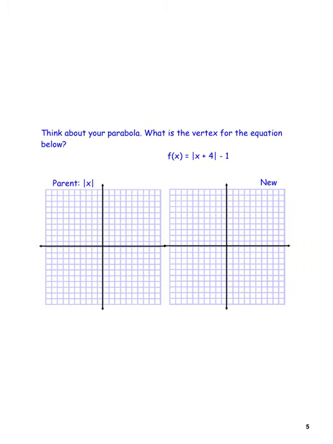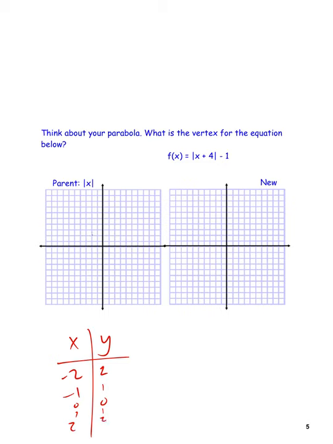Here's another parent function. This is the absolute value of x. And again, the absolute value of x, if I had to graph this, if I put in the points -2 to 2 for x, absolute values would lead to just positive versions of all of those.